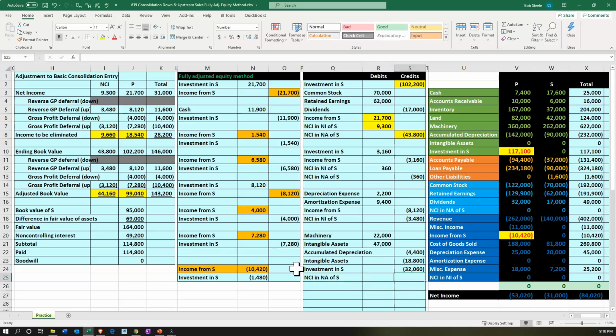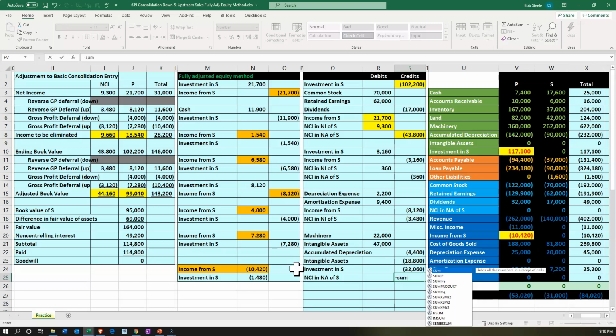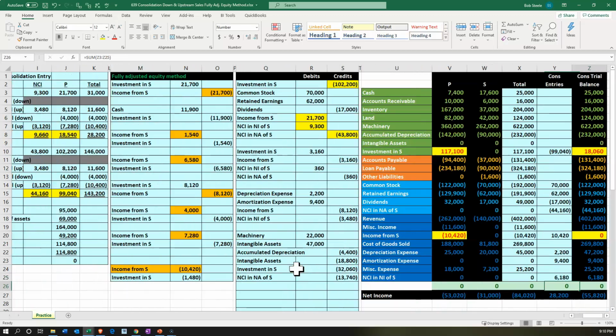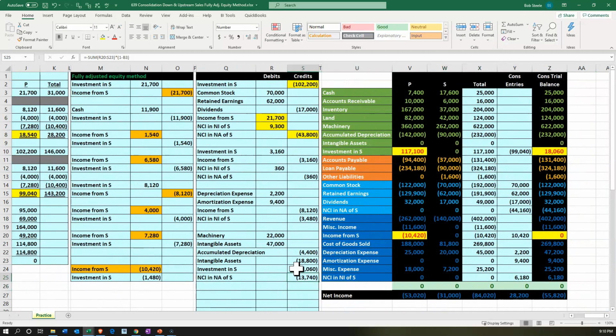I could just do the negative sum formula, the plug formula, but just to emphasize, it's going to be the 30%, because I think that'll be more telling when you look at the worksheet. So I'm going to say this is going to be times 1 minus the 70%, which will be the 30%. And there we have it. And then if we add this up, we should be in balance. So we're in balance down here.